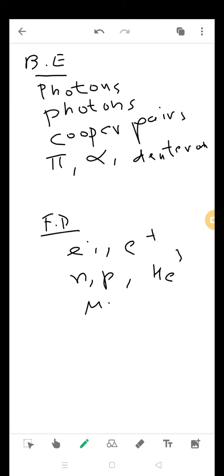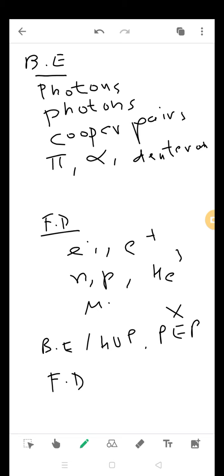Now, to recapitulate, the difference between FD and BE is, BE follows Heisenberg's uncertainty principle, but is unable to follow Pauli's exclusion principle. Whereas FD actually follows both of them.